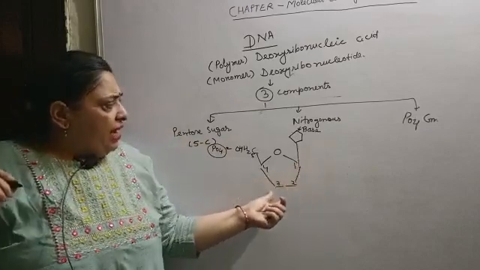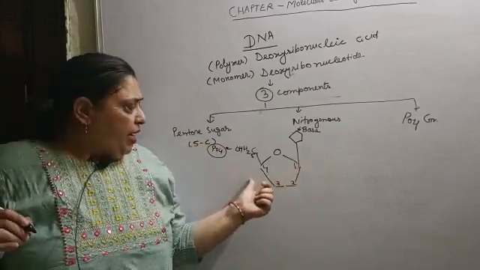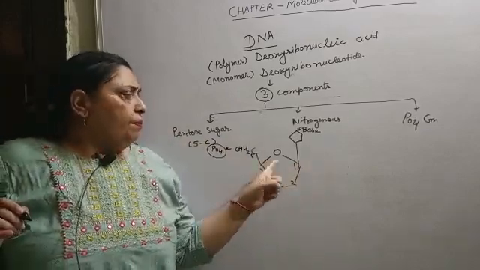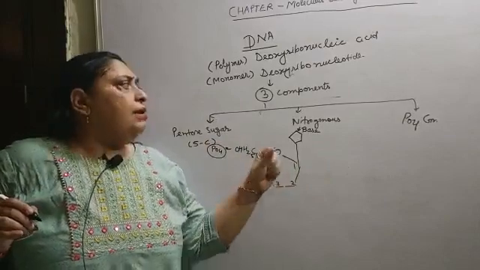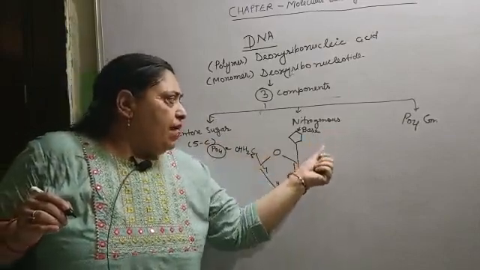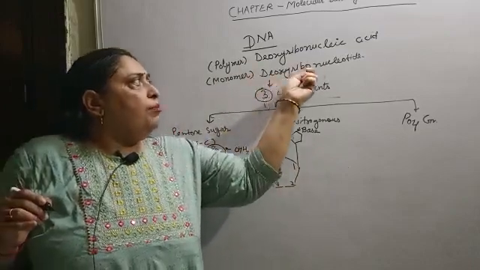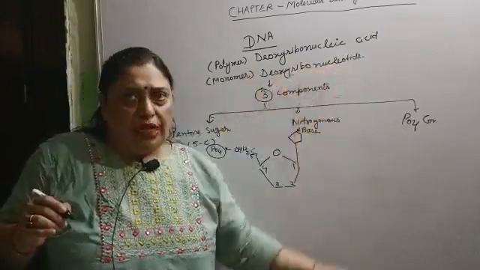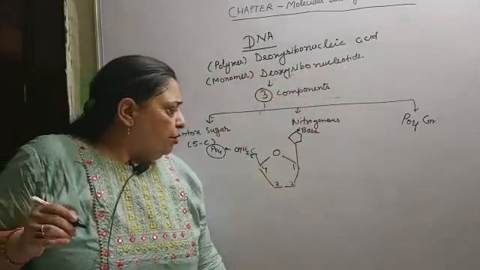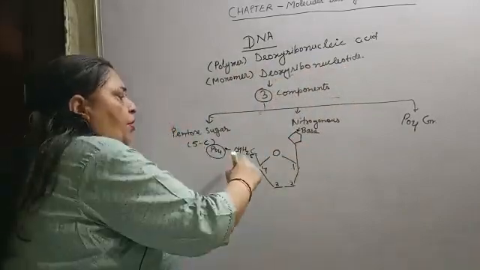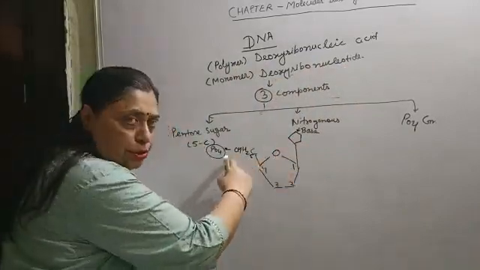So in this way, these 3 components, phosphate group plus pentose sugar plus nitrogenous base, combinedly will form a deoxyribonucleotide or nucleotide. Suppose this is the pentose sugar.